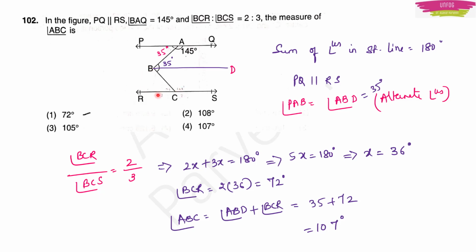My BCR I am getting is 72. That's why angle CBD also will become 72. Then I can calculate angle ABC, because angle ABC is equal to angle ABD plus angle DBC, 35 degrees plus 72 degrees. So my correct answer should be 107 degrees. Okay. Clear, right?